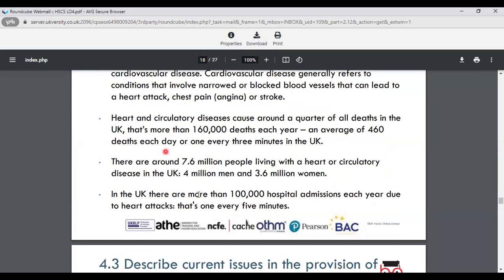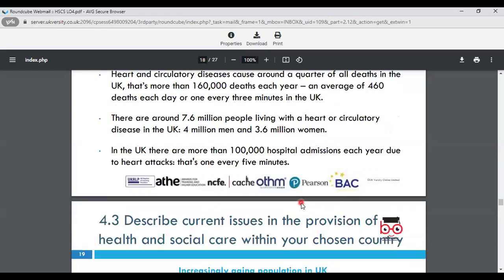Again, men are higher because if they have higher chances of being obese or overweight, these conditions would be more common in them compared to women. In the UK, there are more than 100,000 hospital admissions every year due to heart attacks alone. That's one every 5 minutes.